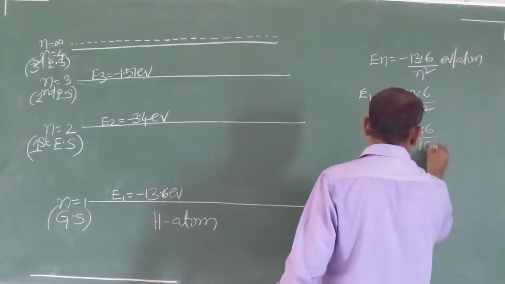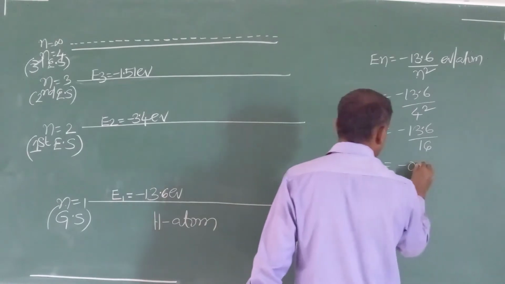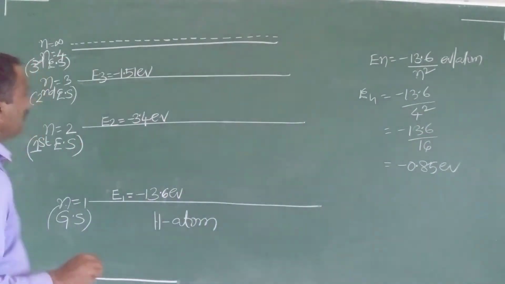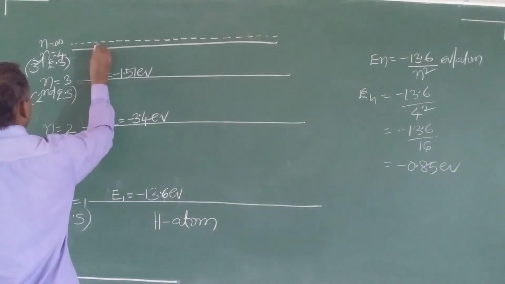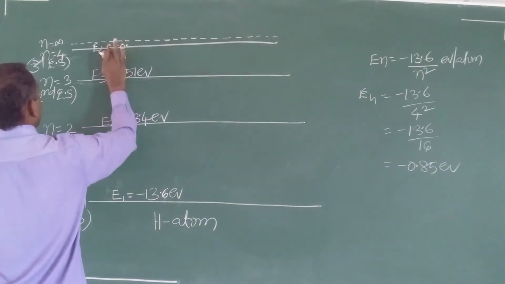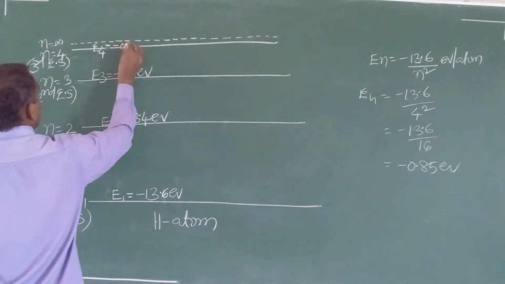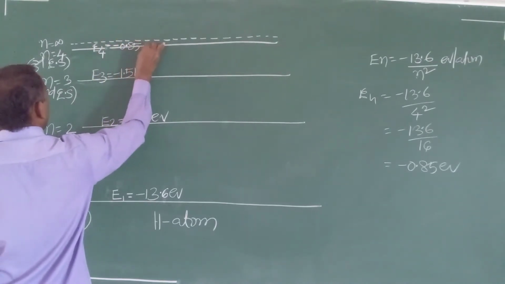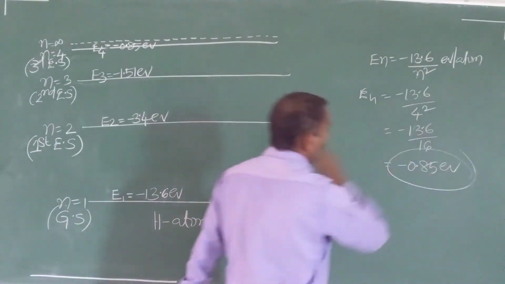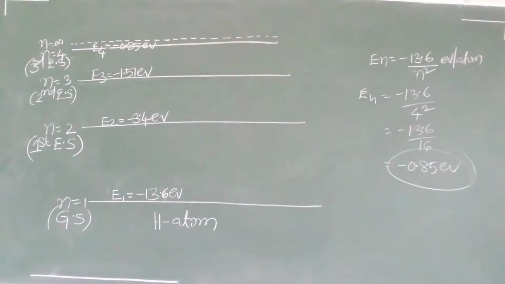Minus 13.6 by 16, that equals minus 0.85 electron volts. So fourth orbit energy is minus 0.85 electron volts.